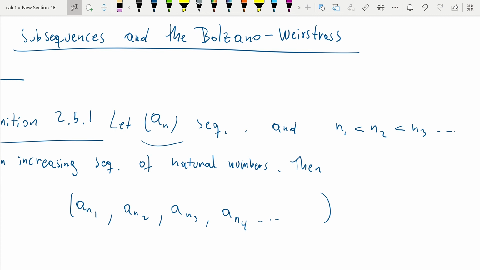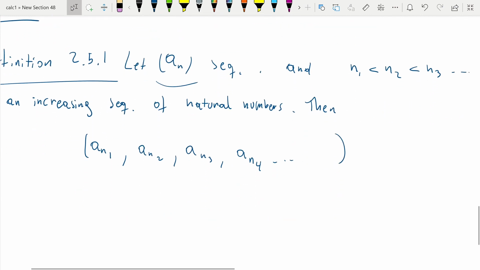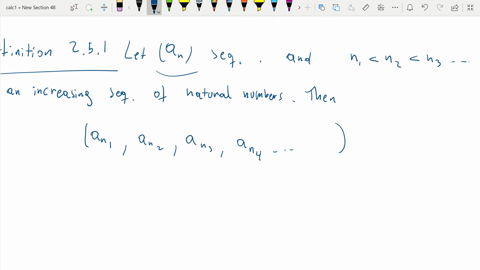From the a_n's, you pick a collection of some of these a_n's, and you put them in the same order as they appear in the original sequence. So if n_1 is smaller than n_2, then a sub n_1 would have appeared before a sub n_2, and so it must appear before a sub n_2 in the subsequence. So you keep the order.